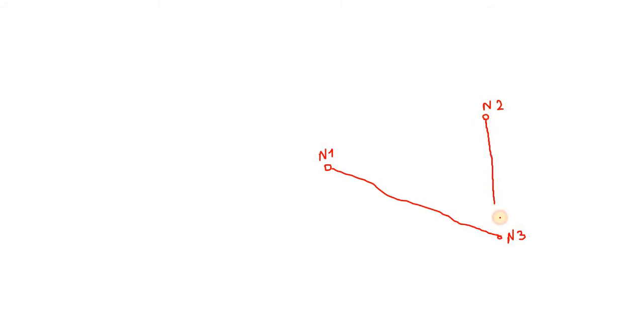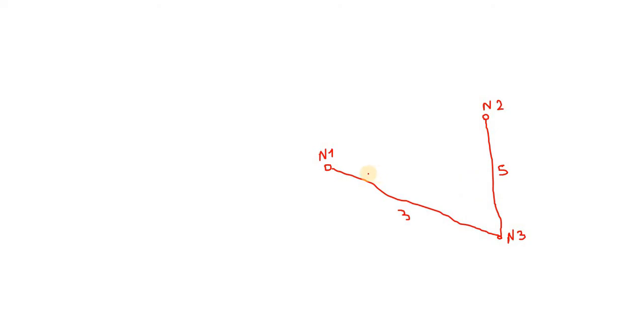Node 2 and node 3 are connected, and it has not only a connection, but also weights. Let's say this is 3 and this is 5. This can be a cost, this can also be a distance, anything. The main thing is there should be some kind of weights.